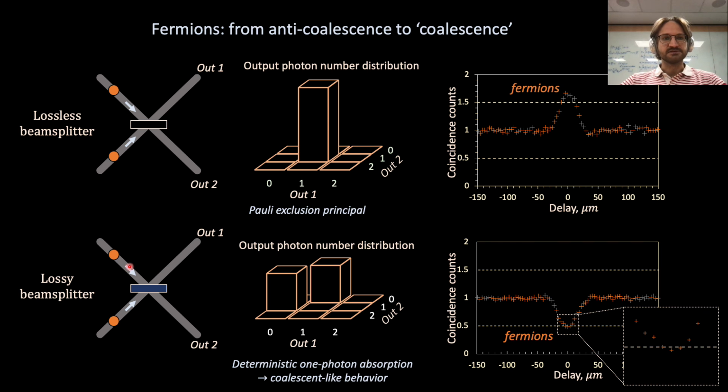When we replace the lossless beam splitter by the lossy one, the very quantum phenomenon happens again, namely deterministic one-photon absorption. One photon from the pair is always absorbed, and the surviving photon is split equally between the output ports, and this is the reason why we observe the dip in coincidence counts measurements. And again, we crossed the classical limit.